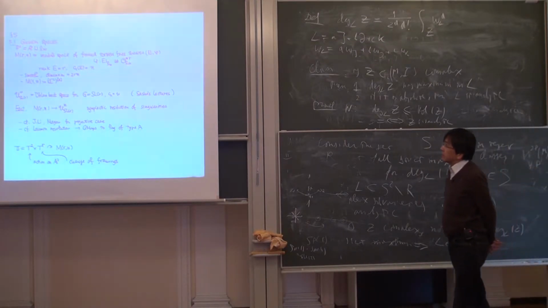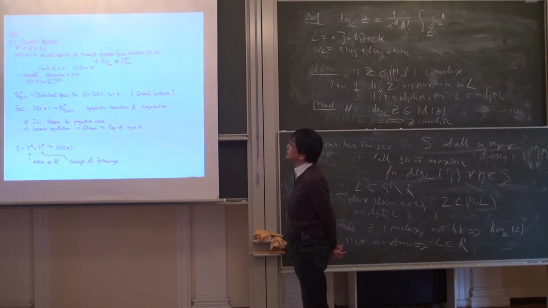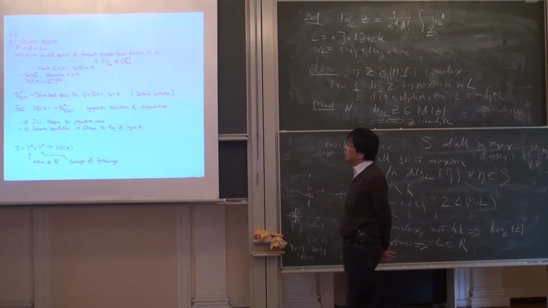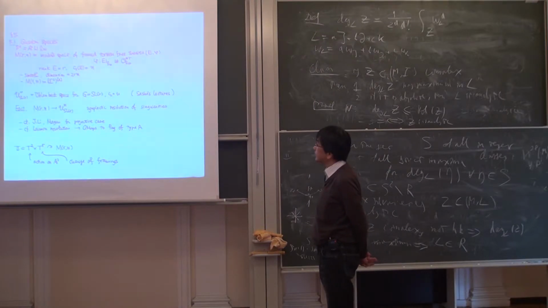And it's known that this M(r,n) is smooth. In fact, it's known that this is a hyperkähler manifold, non-compact, and its complex dimension is 2rn. If r equals 1, then this is the Hilbert scheme of points, which I explained last week.